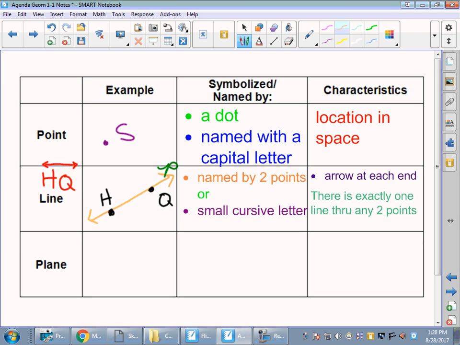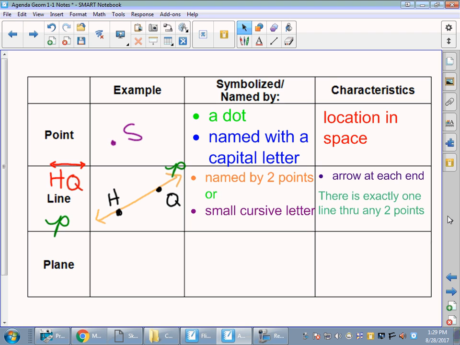So those of you who do printing or cursive and mix and match it, we're just going to call it either line HQ, line QH, or line P. You don't have to put the line symbol above the small cursive P because we know, since it's a small cursive P, that we are referring to a line. Lots of stuff to keep track of.